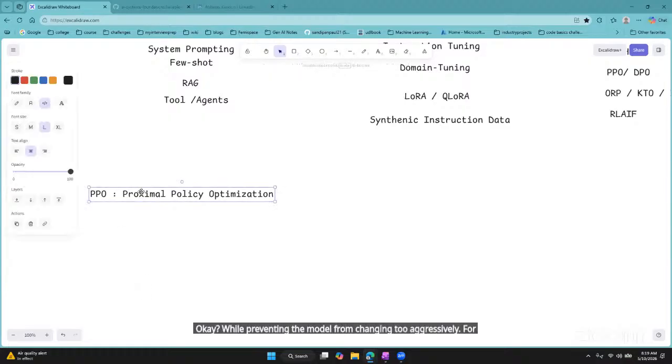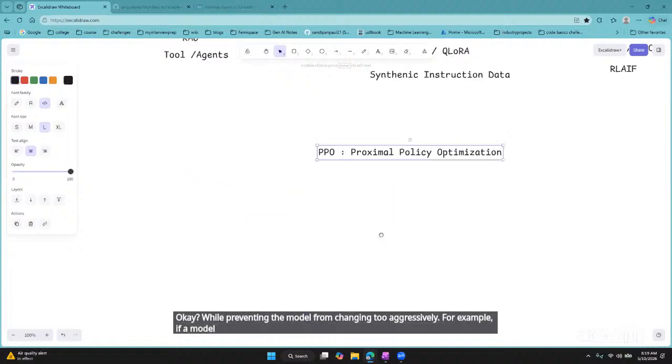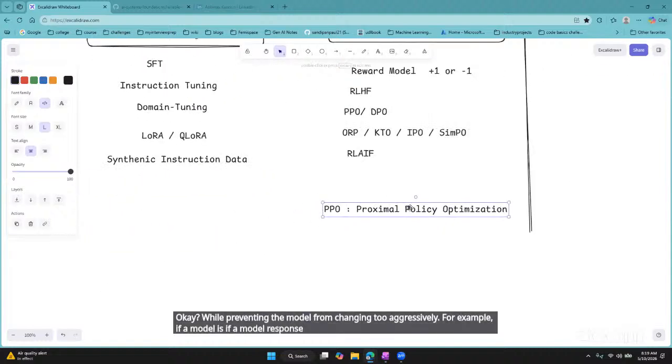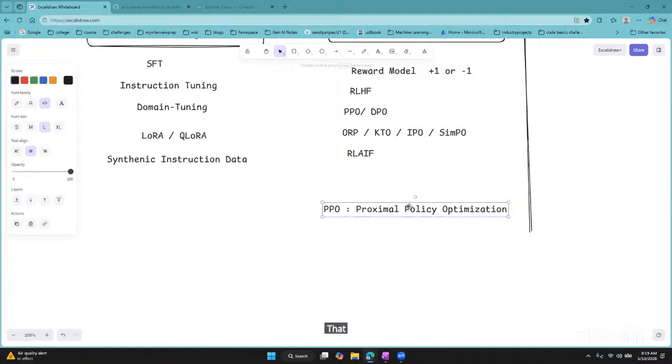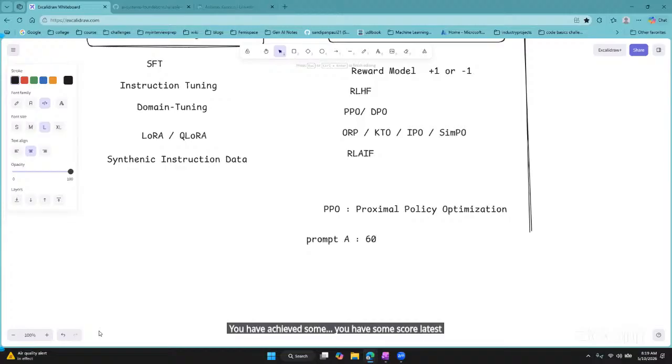For example, if a model response is trying to change very immediately from one prompt to another prompt, that means whatever you have achieved in prompt A, you have some score. Let us think you have achieved 60%.